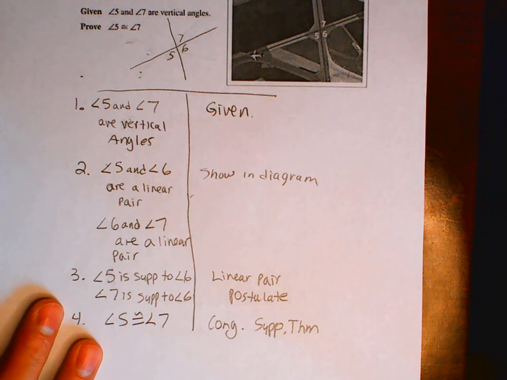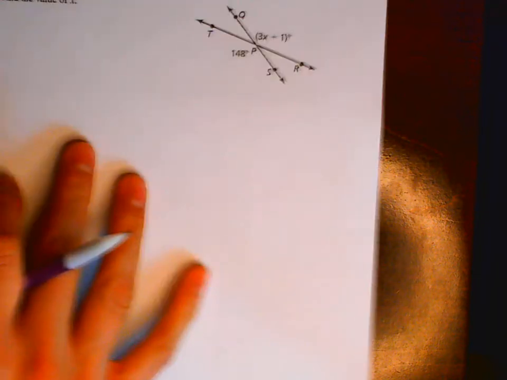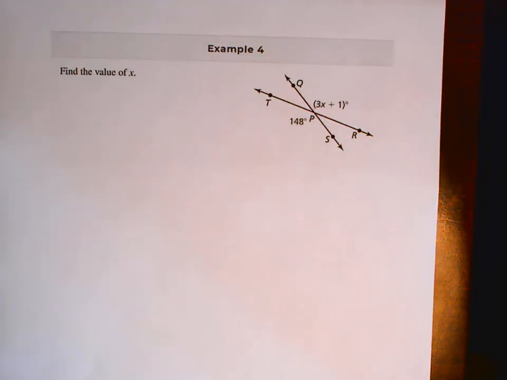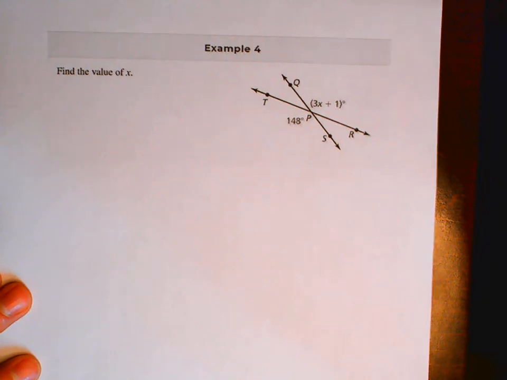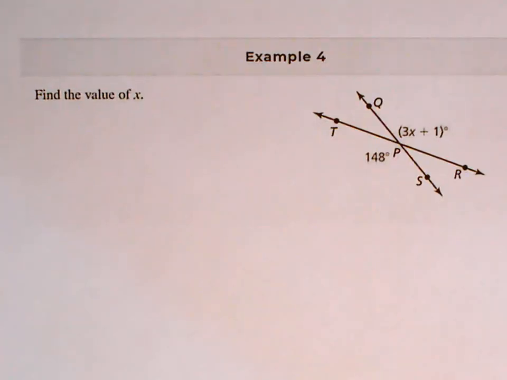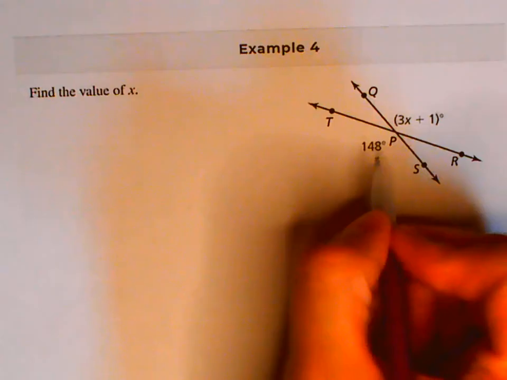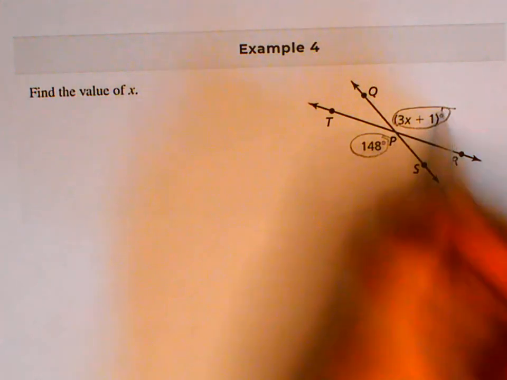All right, let's take a look at our next example, which is a lot easier, trust me. Example 4. So this is an application. It says find the value of x. Now here you can see that both of these angles are vertical angles, so this is going to equal this.